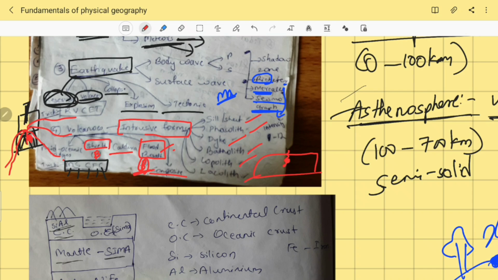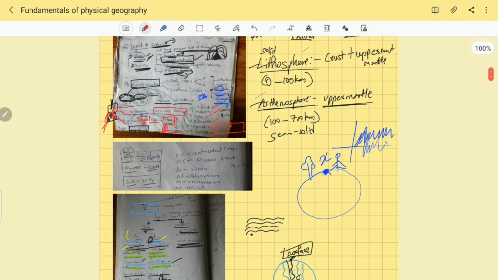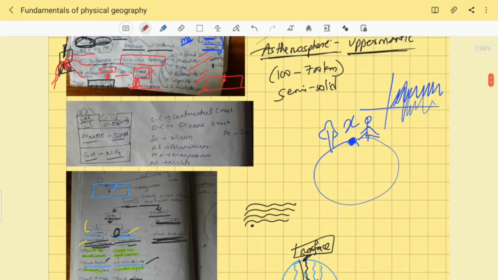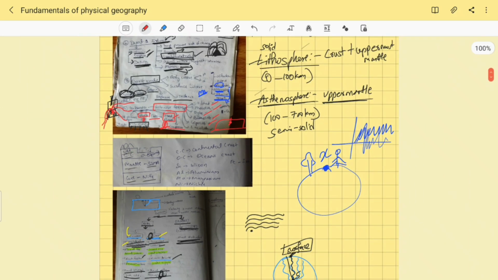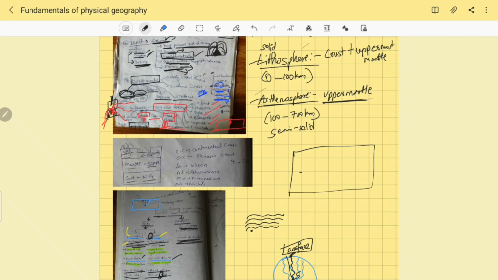Let me draw it here to show in a simple way the structure of the intrusive forms of volcano. See here, consider this as the earth. The lava is trying to come out from here, but due to some reasons it solidified here.